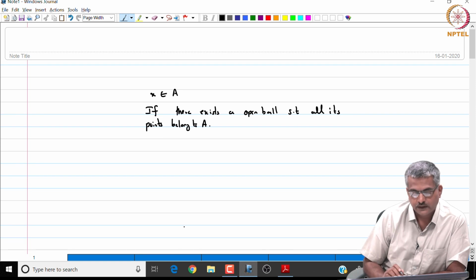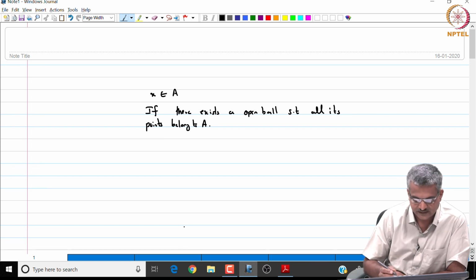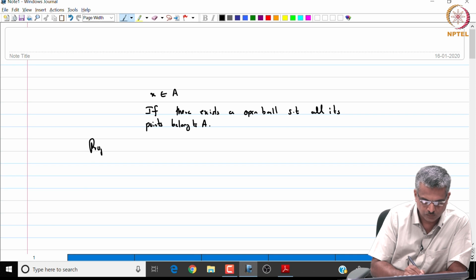So, now we know the definition of an open set. Let us see some properties of open sets.